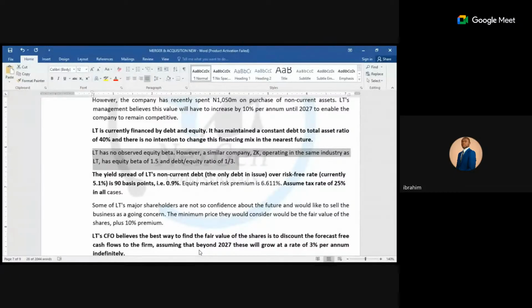Look for a similar company with the likes of Stanbic and Zenith. Use it to determine the appropriate WACC, because that will take you to the appropriate cost of capital, because they don't have the equity beta. We don't need it, right?